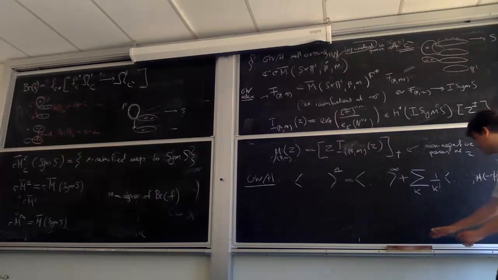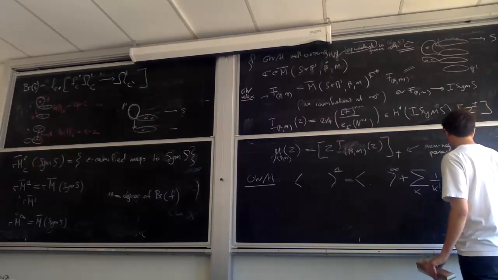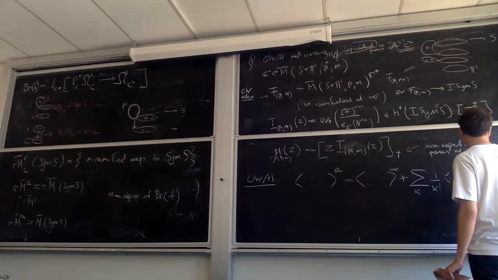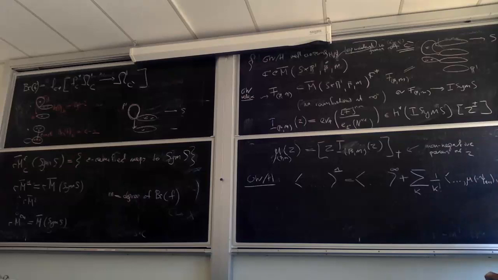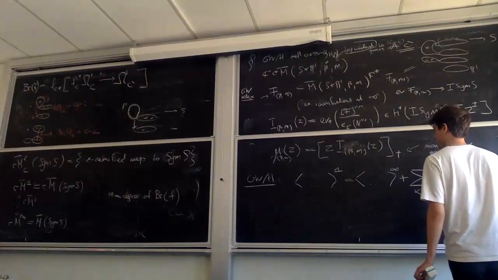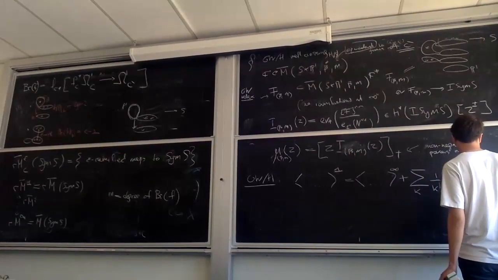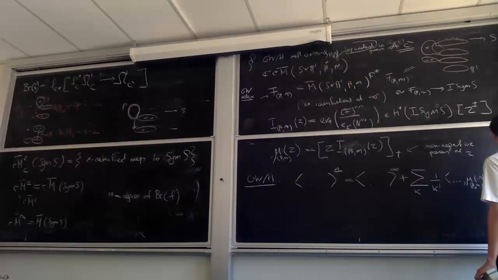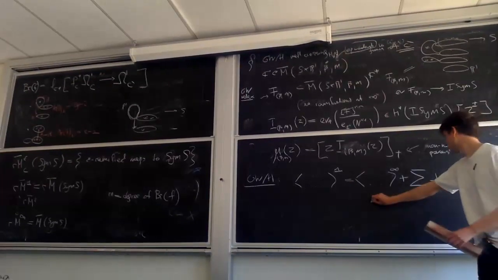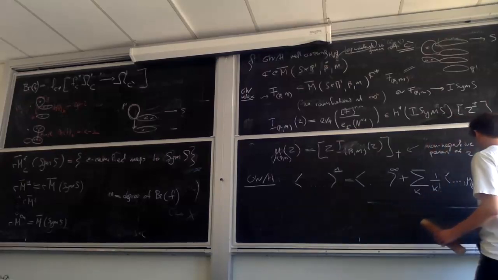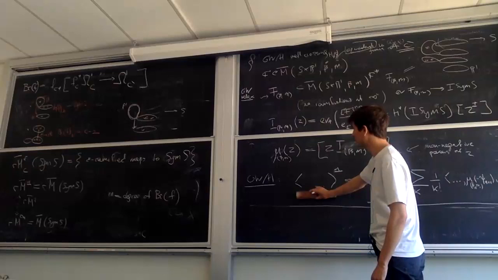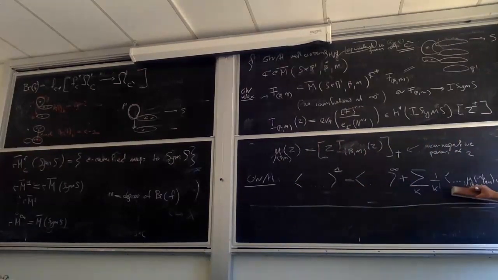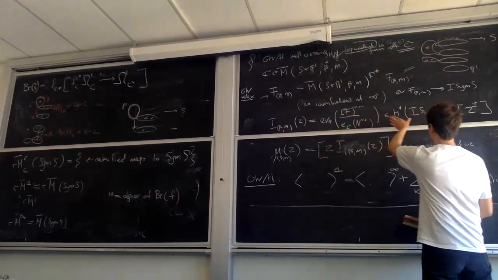So this is the wall crossing formula. It's the same as the quasimap wall crossing. The ramified theory is equal to the unramified theory plus the unramified theory with insertions that come from this class mu.